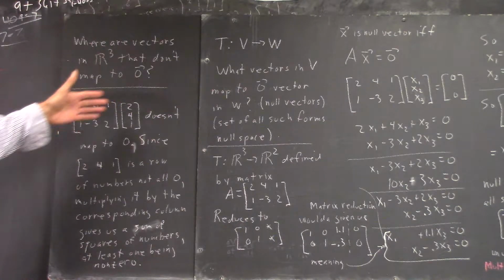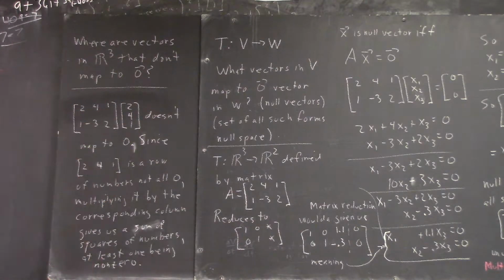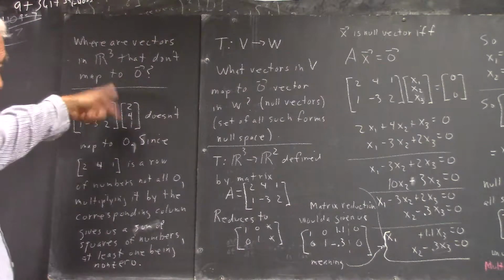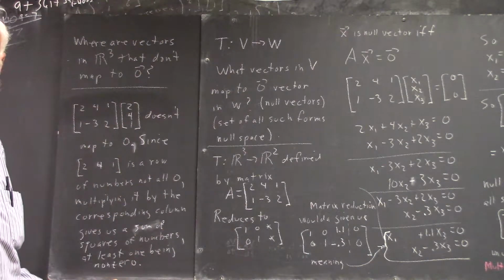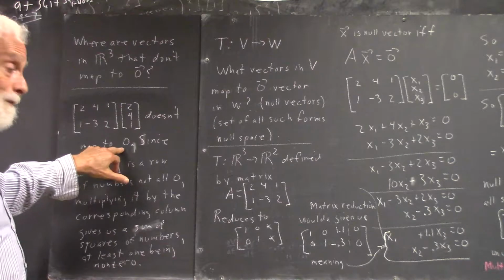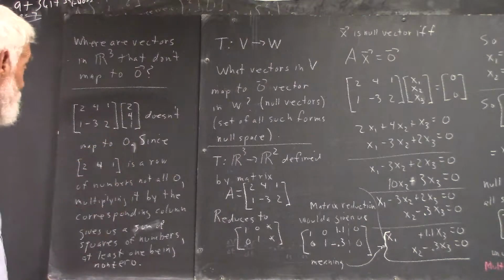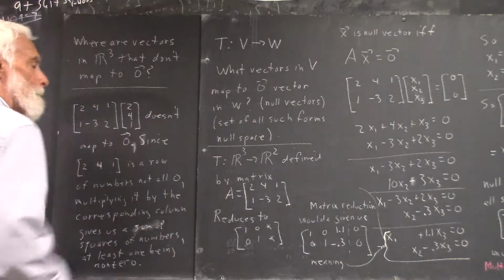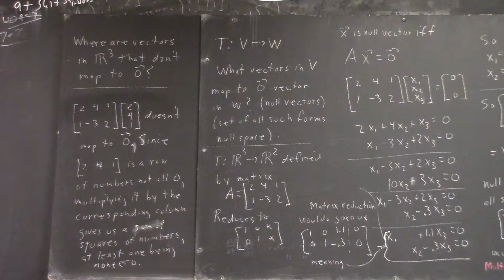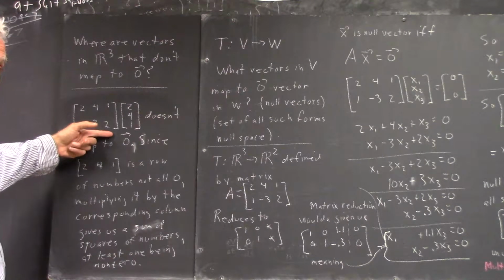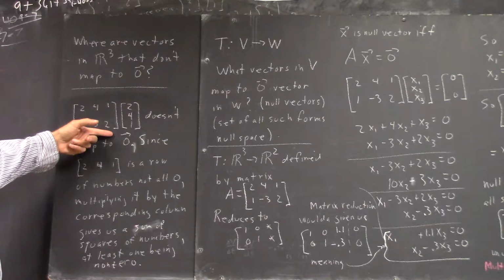Now for 2, 4, 1 times 2, 4, 1, of course we can do it, we get 21. When we multiply this by this, already the result isn't the 0 vector, right? And we can do the same thing for this second row.